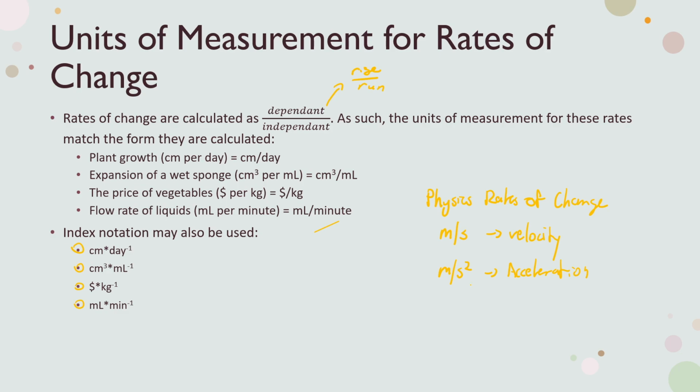In the example for acceleration, the rate that's actually being shown is a little bit difficult to see when it's written like this. And we have talked before, we can look at acceleration as the change in velocity over time. A way that we could be writing that is something like meters per second per second. And the way that we can see how those units are represented mathematically with an equation might be something like velocity divided by time.